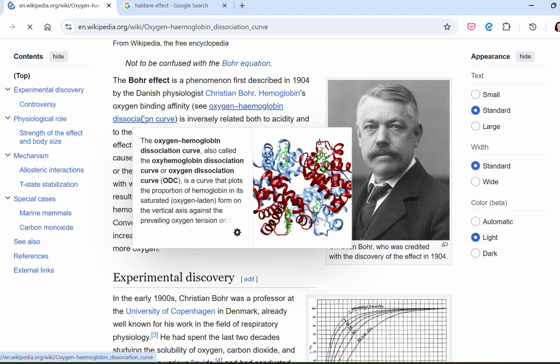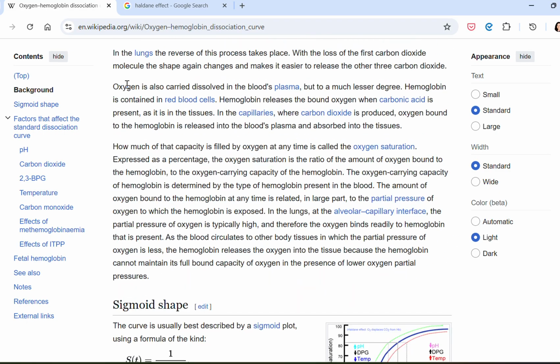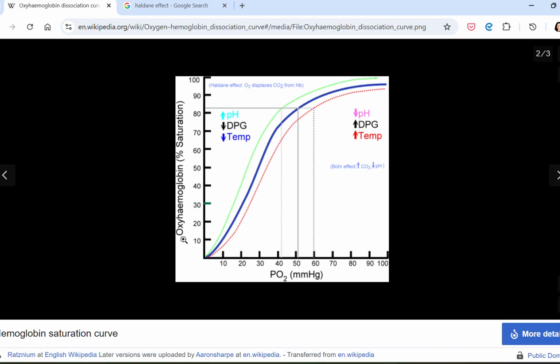Okay, we can click this one as well. Structure of hemoglobin, sigmoidal shape. Here we have the oxyhemoglobin, also called percent saturation, which is the hemoglobin that is bound to oxygen. As a percentage, it's 100.